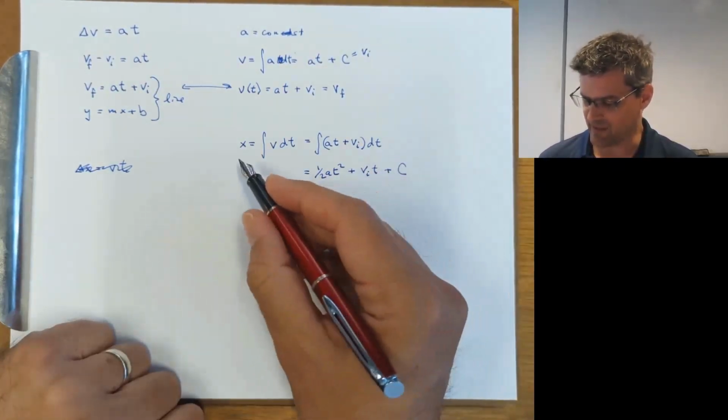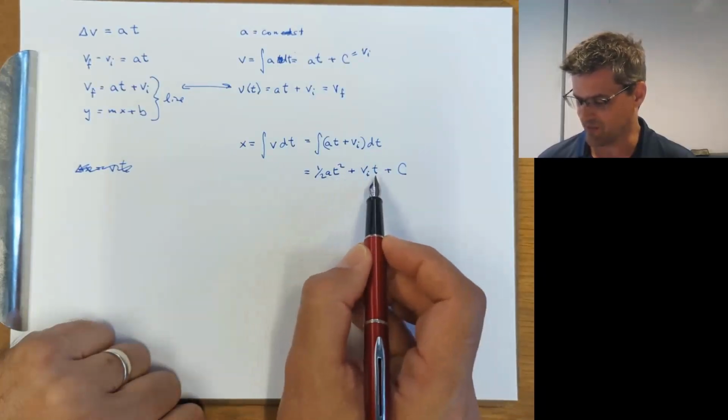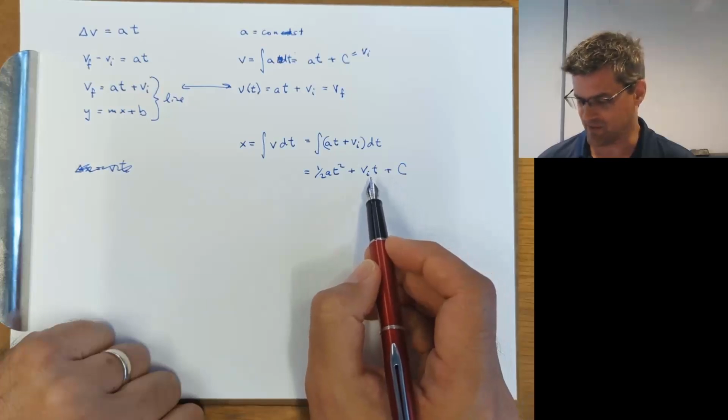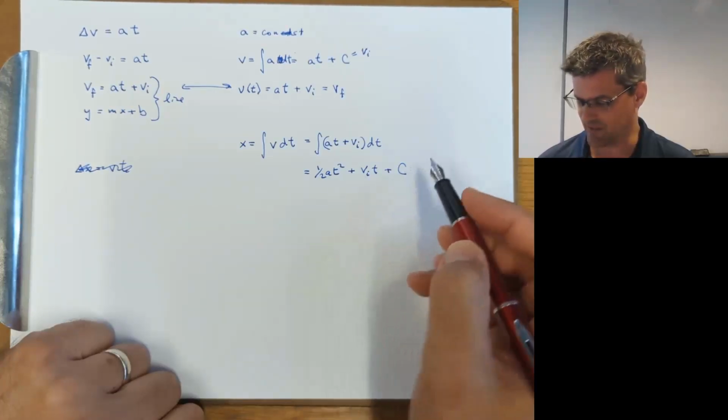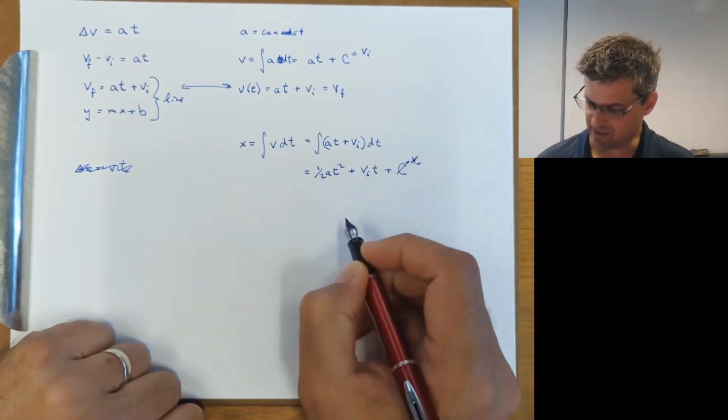What is the value of that integration constant? It is going to be the value of x at t equals 0. At t equals 0, this term disappears. At t equals 0, this term disappears. The only thing left is this constant. This is x_0.